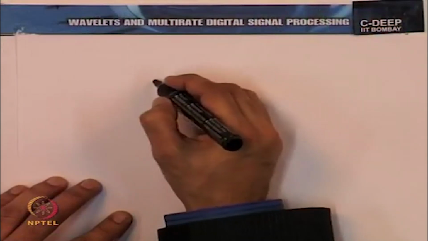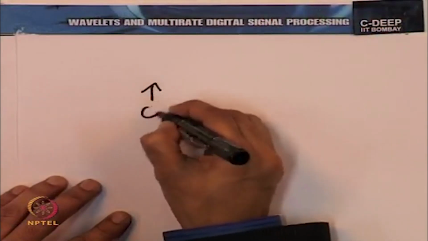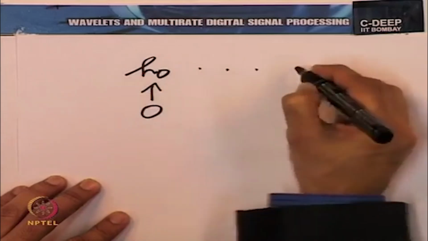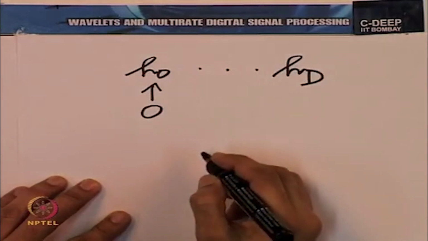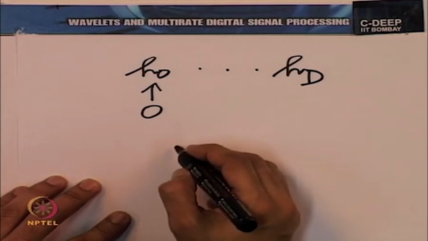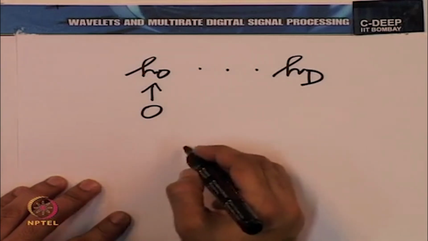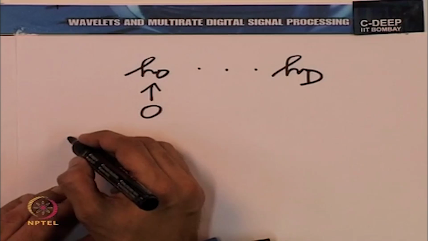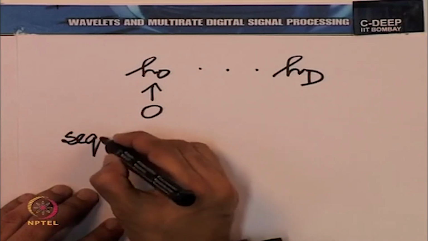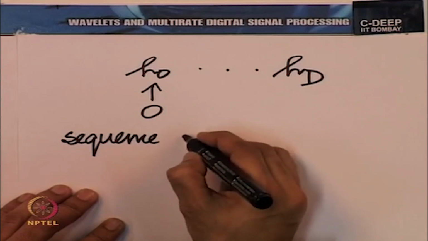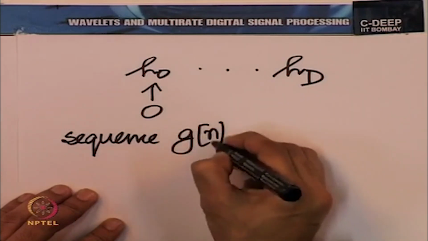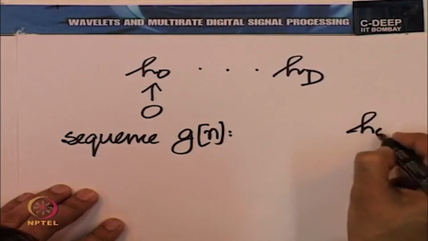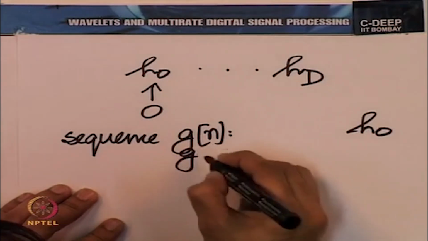Now, what we are saying essentially is keep this static. So, you have this, and make this move. When you make the other one move, you are doing two things. If essentially you have a sequence, let us call that sequence G[n] just for the time being. The sequence G[n] is this, or G[k] if you like.